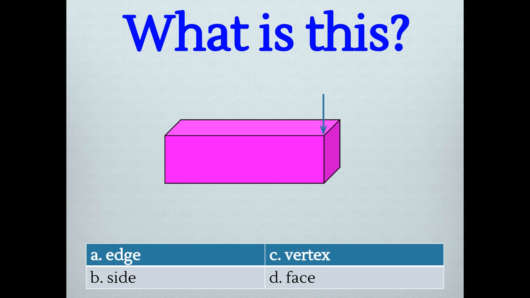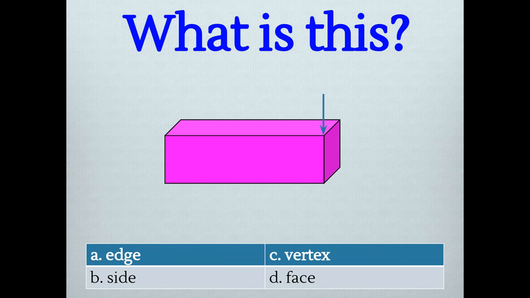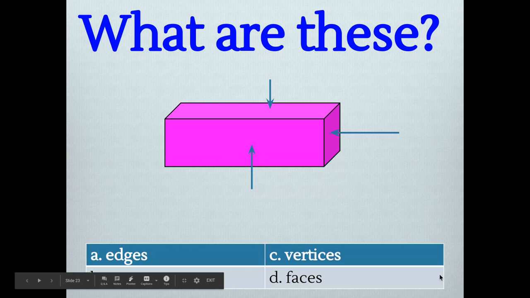A, edge, B, side, C, vertex, or D, face. So if you said C, vertex, then you are correct. What are these? A, edges, B, corners, C, vertices, or D, faces. If you said D, faces, then you are correct.